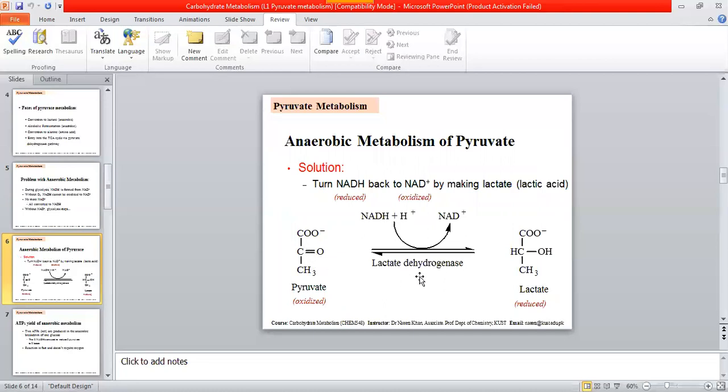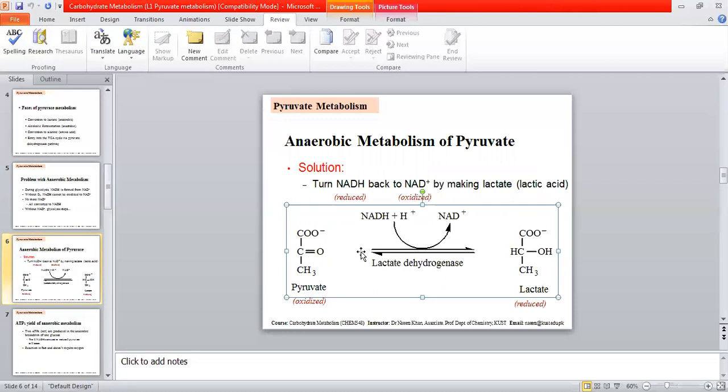In this conversion, which is catalyzed by the lactate dehydrogenase enzyme, pyruvate is reduced, and the hydrogens for reduction are supplied by the reduced NAD coenzyme, which itself gets oxidized. The hydrogens are accepted, and by reduction, pyruvate is converted to lactic acid.